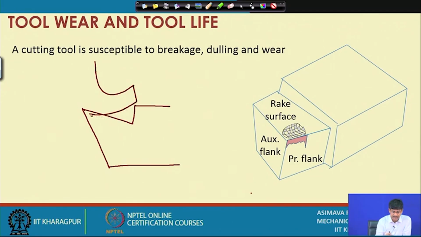So, it tends to rub off this portion, and on this side the material friction tries to rub off the flank, the principal flank.